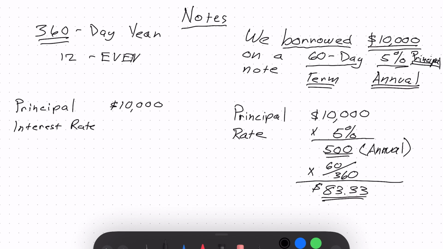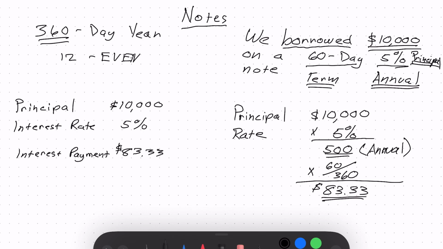The rate will always be expressed in annual interest terms. So in this one, it was just our 5%. We may also ask for the interest payment. In this case, it's that $83.33.